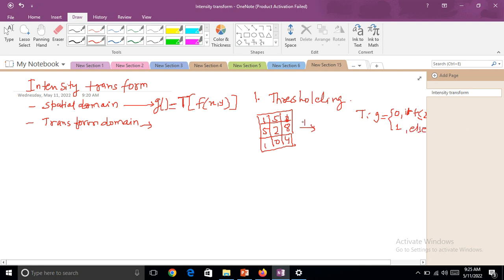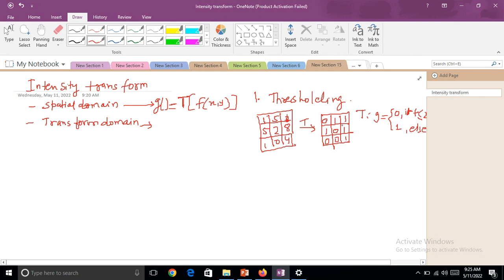So applying the transform, 1 is less than or equal to 2, so this is 0, this is 0, this is 0, this is 0, and the remaining all become 1, 1, 1, 1, 1.